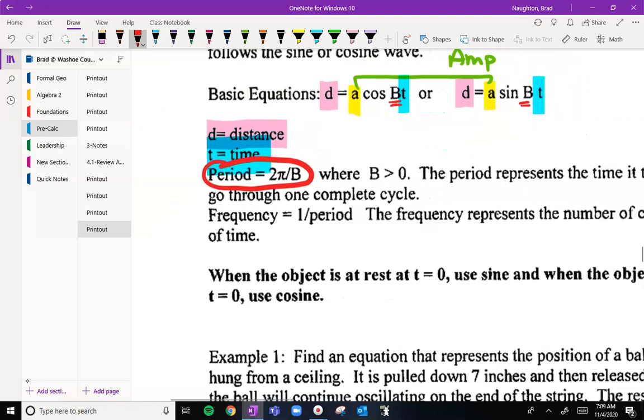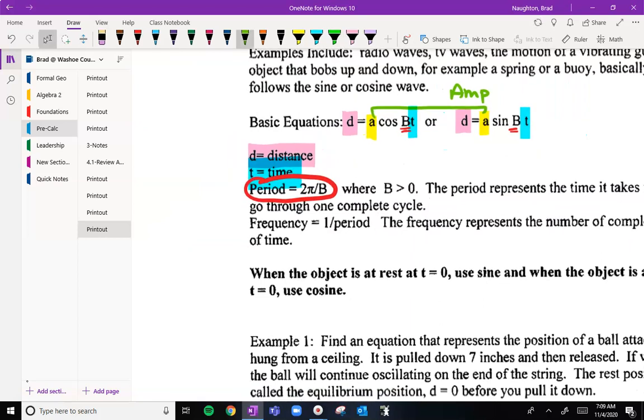The next part of this is going to be the part that we're going to use, especially on the next page, is our frequency. So frequency is equal to 1 over the period. Well, let's make this a little bit easier for us, since we know our period, as we just mentioned, is 2 pi over b. So I'm going to go 1 divided by 2 pi divided by b.